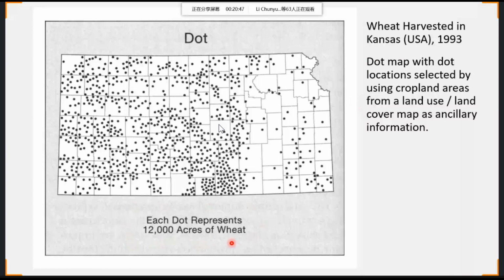Each dot represents a certain number, here 12,000 acres of wheat. You use this additional information beforehand to delimit areas where wheat is more or less likely to be harvested. And there you then spread the dots.